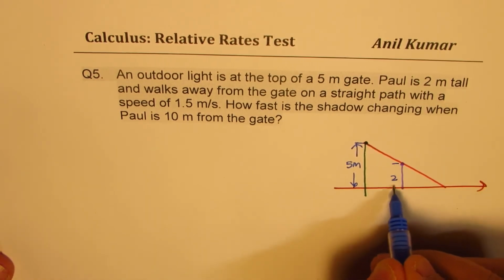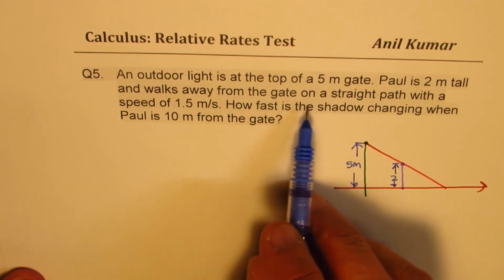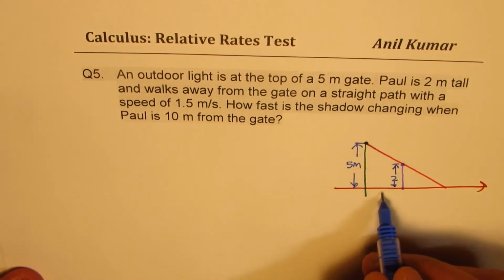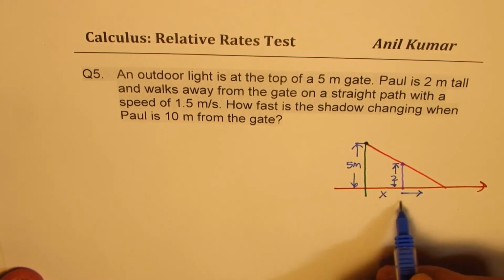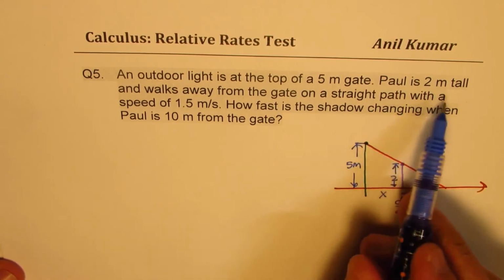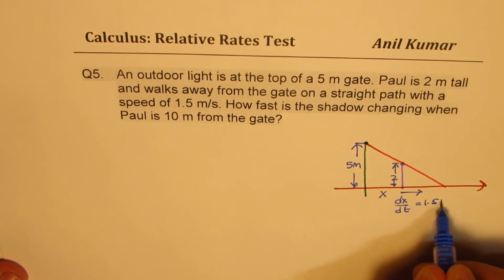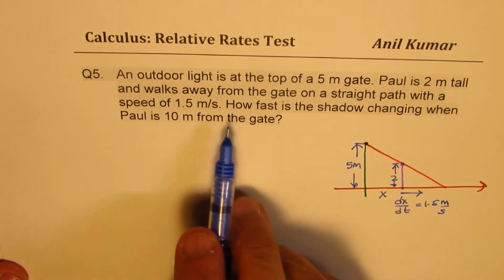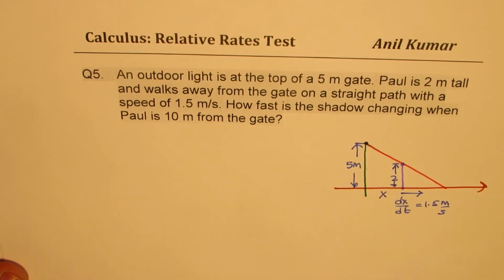So this is 2. And he walks away from the gate, so let's say he is x distance away. He's walking away from here, so this rate is dx/dt, at the rate of 1.5 meters per second. How fast is the shadow changing when Paul is 10 meters from the gate?